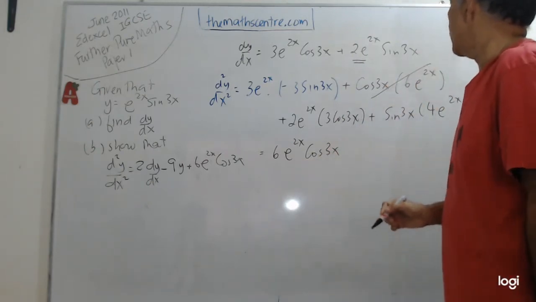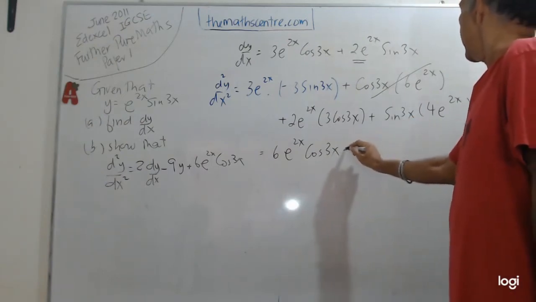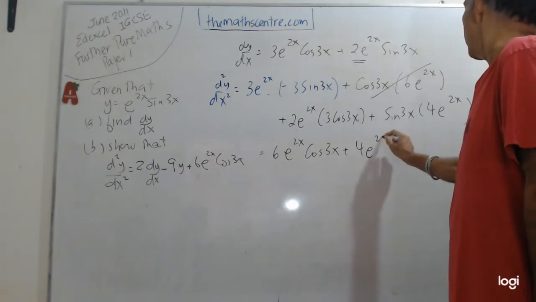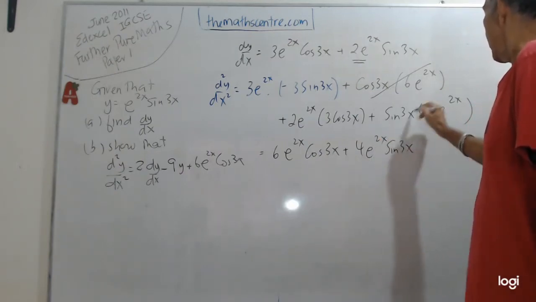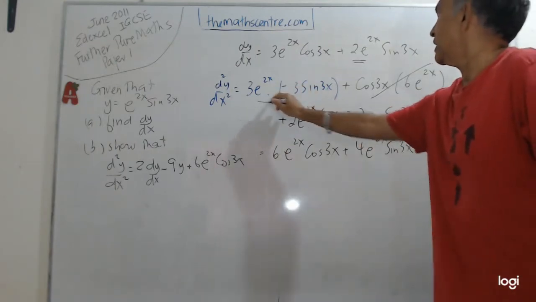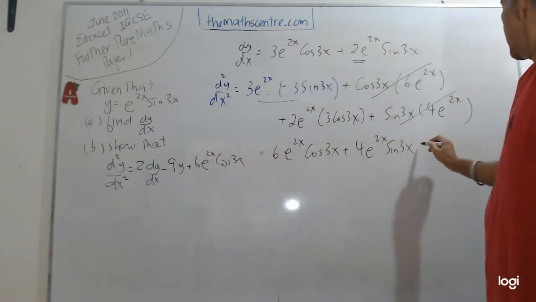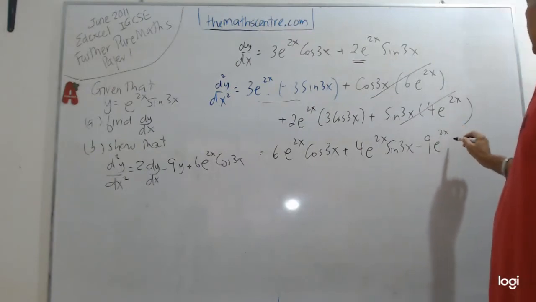Then plus 4e to the power of 2x sine 3x. And then this term, which is 3 times minus 3, gives minus 9e to the power of 2x sine 3x.